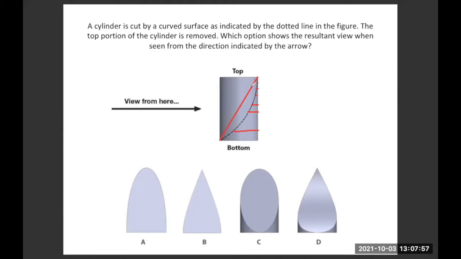Versus if you look at the diagonal, it is not that drastic a change. It is a gradual change. Because it has a very thin top and that base becomes suddenly wider here, that's why I'm saying option D is correct.